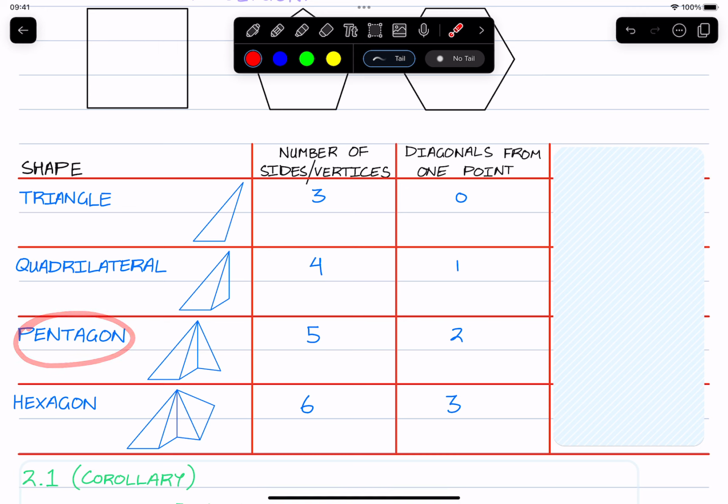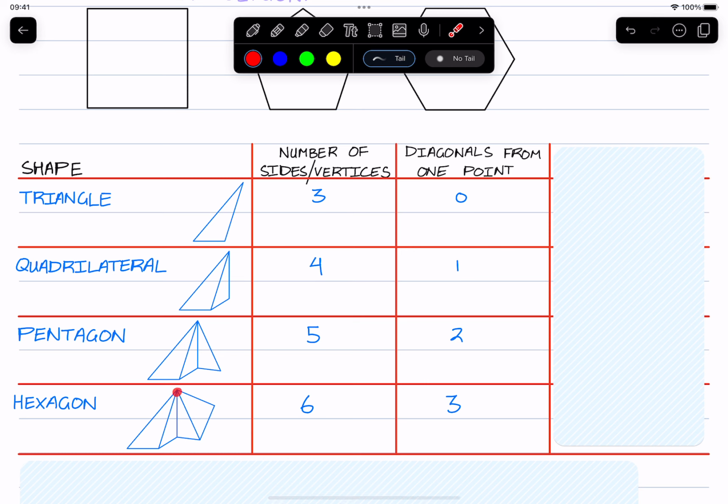A pentagon has 5 sides or 5 vertices. 1, 2, 3, 4, 5. And if we draw the diagonals from this point, there are 2. Likewise, this is a hexagon, 6 sides. 1, 2, 3, 4, 5, 6. And if we draw all the diagonals from this point, there are 3.